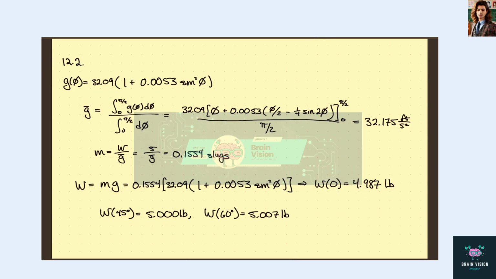At roughly 45 degrees, again, North America, Europe, that's where we actually get 5 pounds.